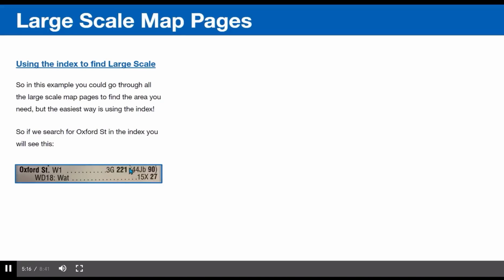The information outside the bracket is the information for the large scale maps. So you have the grid reference 3G and the page number 221. The information in the brackets, 44JB and 90, is the grid and page number for the small scale maps.